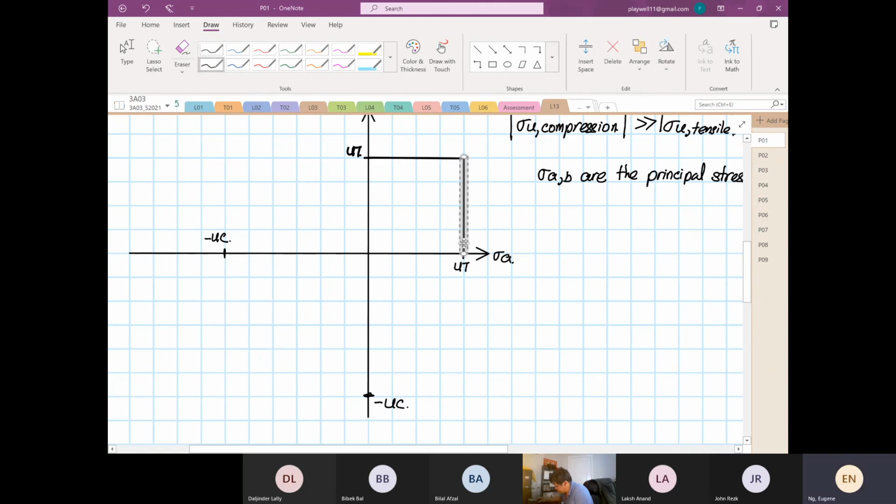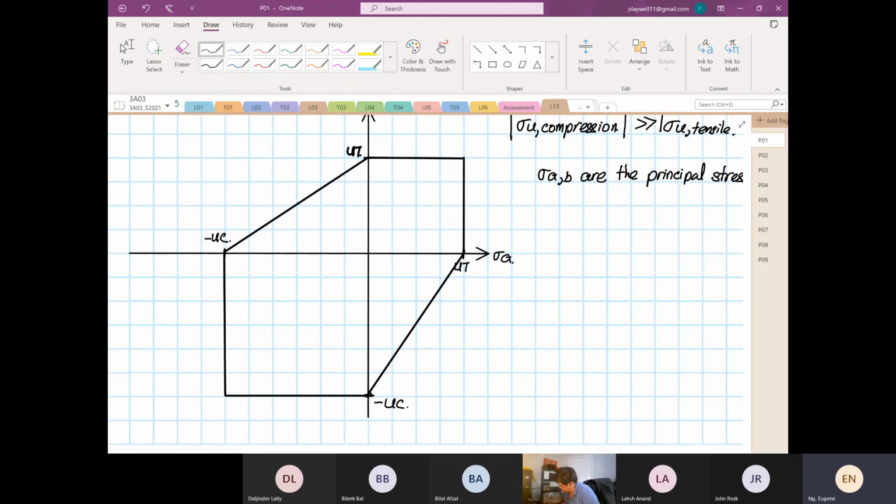What I'm sketching now is the operating boundary for Mohr's criteria for brittle material. Okay, so it's not the same as what you look at for Mises or Tresca, okay? Because he made the assumption that the tensile, so all these are tensile, and these are compression, right?